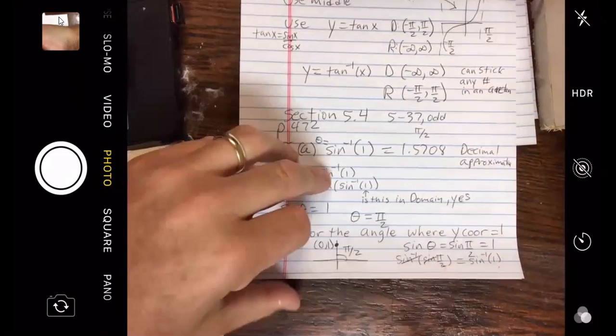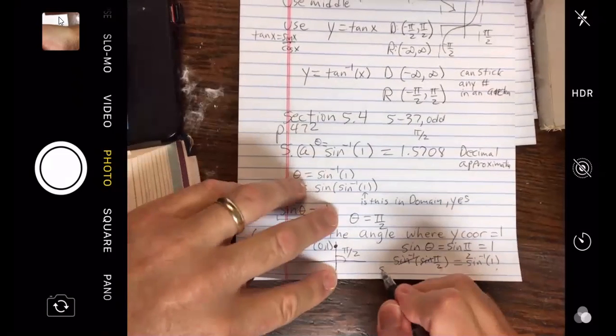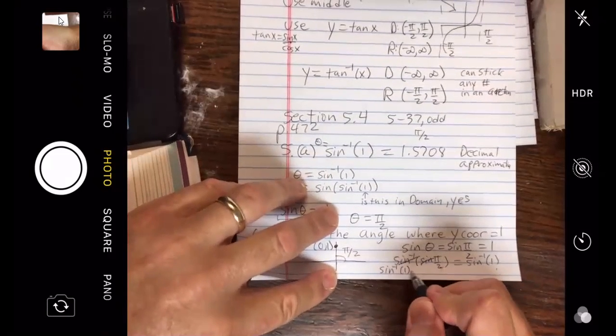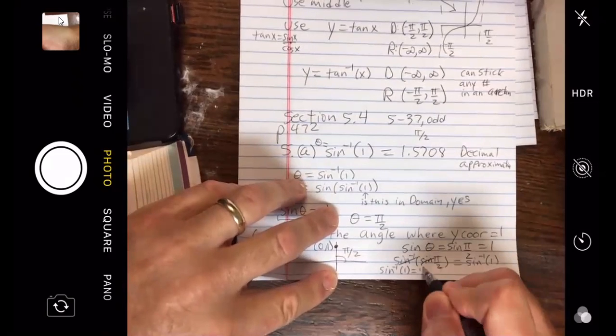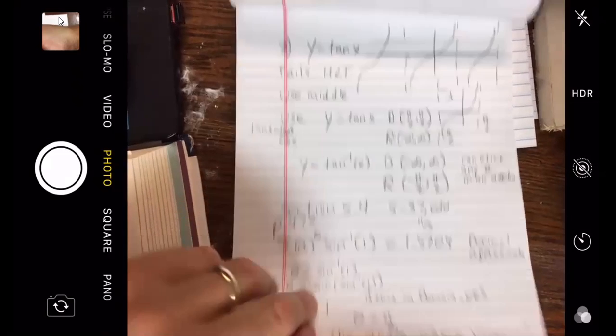We can try one like 7a. Arc sine of 1 equals pi over 2.